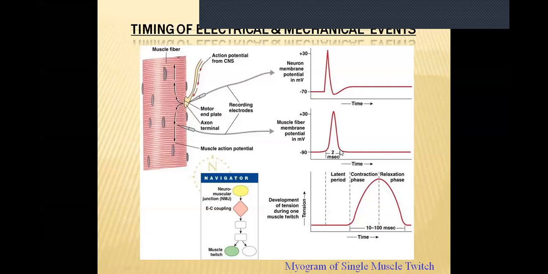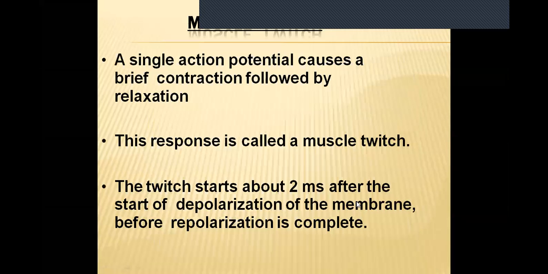Once the sarcolemma or membrane of the muscle fiber receives this second electrical event, or depolarization, which takes 2 milliseconds, and once it is finished, only then will muscle contraction start.